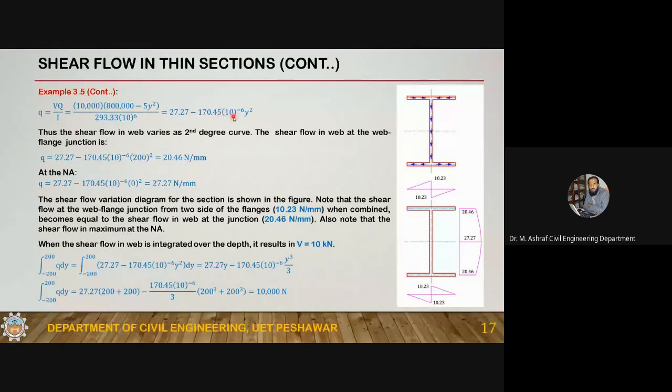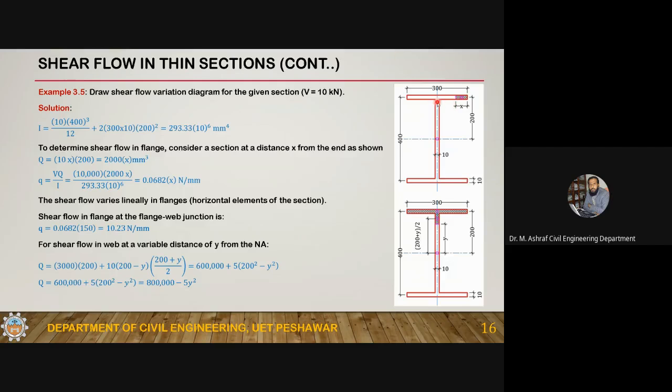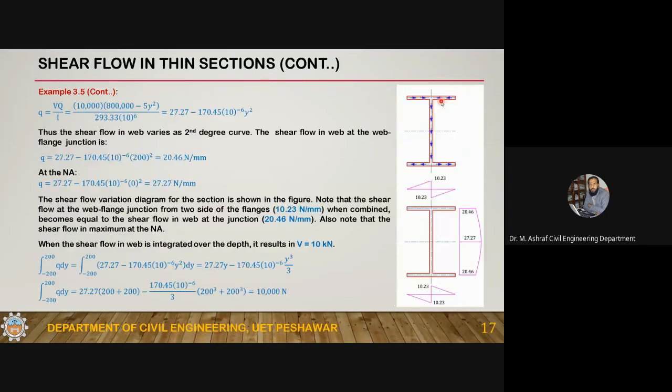If you plug in the value of y equal to 200, because at this location in the web, this is 200, so this is 20.46, and at the neutral axis, y is equal to 0, so 27.27.